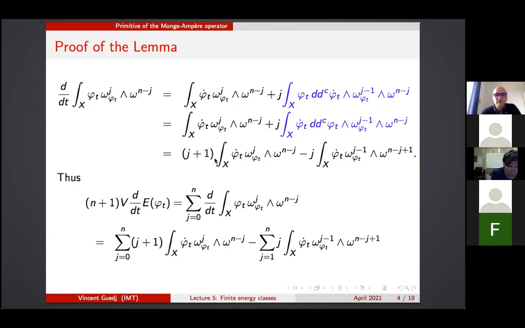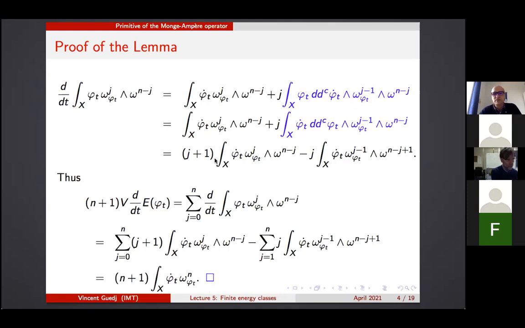So at the end of the day, only one term is remaining, namely n+1 times the integral of phi_t dot omega_{phi_t}^n. If you divide by n+1 and V, you end up with the formula from the lemma, namely that the differential of E of phi_t is the integral of phi_t dot times Monge-Ampère of phi_t.